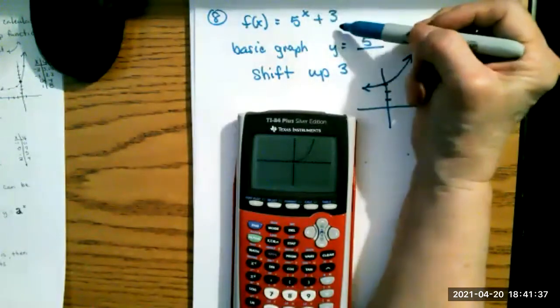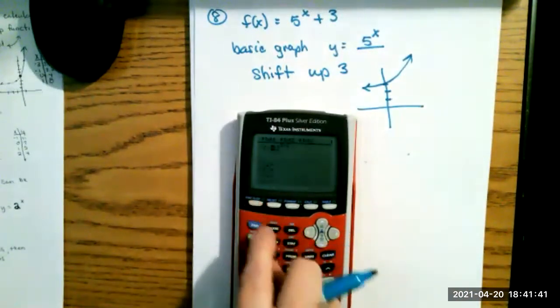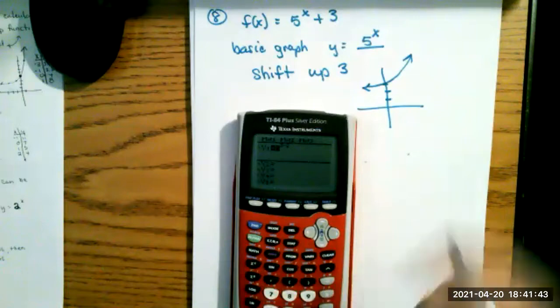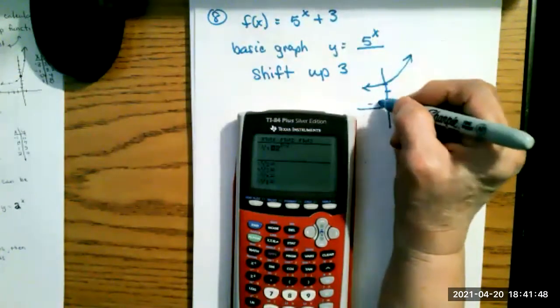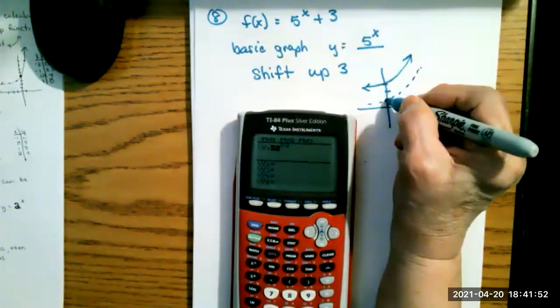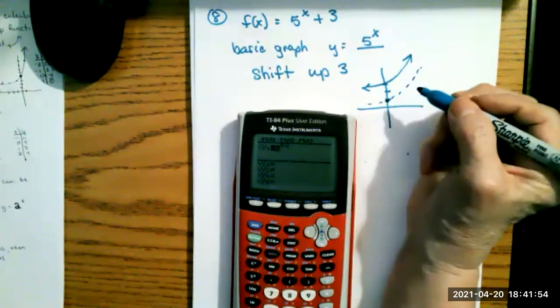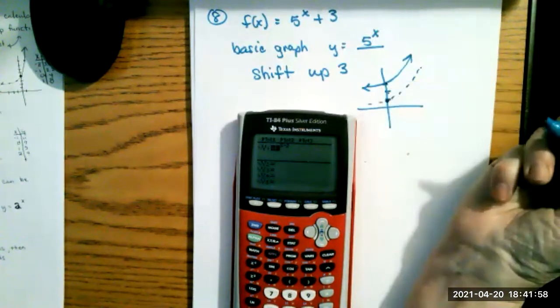It's over here on the outside of it. Would it shift up from 0, 1 or from 0, 0? The normal graph, the 5 to the x, would go right through here at 0, 1. But remember, I told you that's your focal point you want to shift. You're going to shift it up 3.